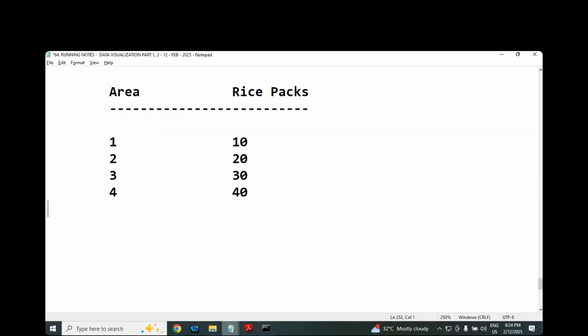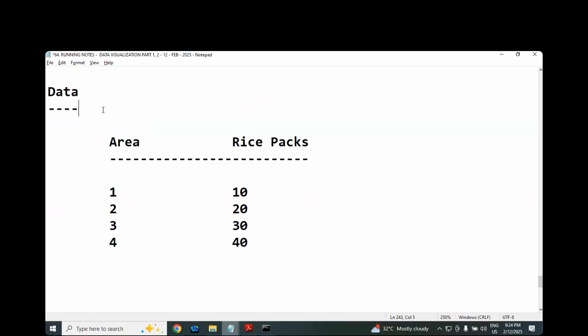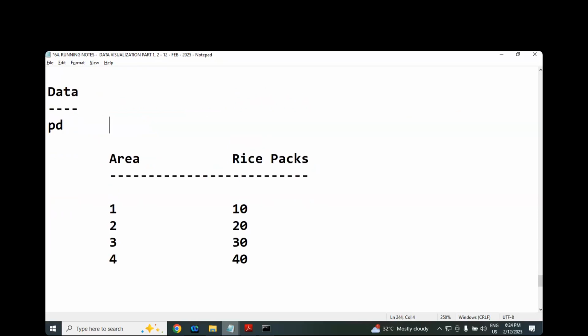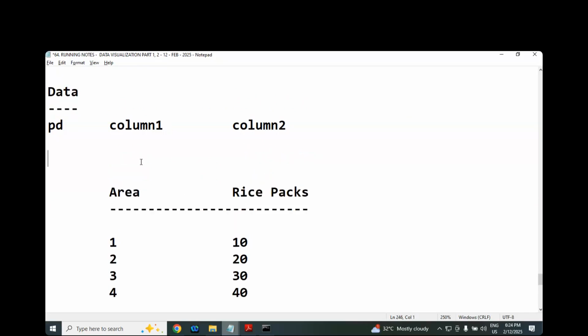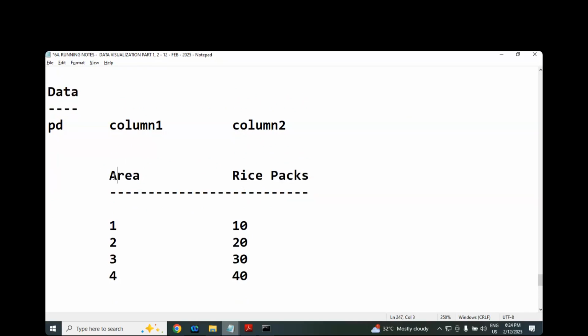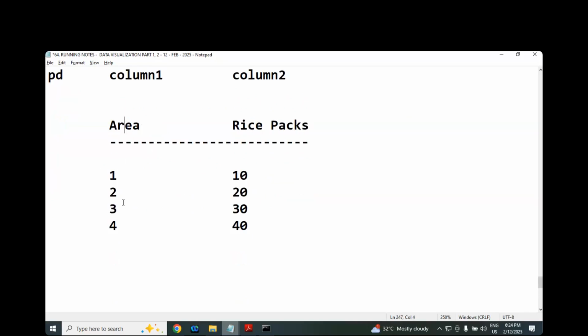If you are a pandas developer, a pandas guy, you can think of the first one as column number 1 and the second as column number 2. Being a pandas developer, he can access the first column and the second column, apply minimum, maximum, sum, the head method, the shape attribute.